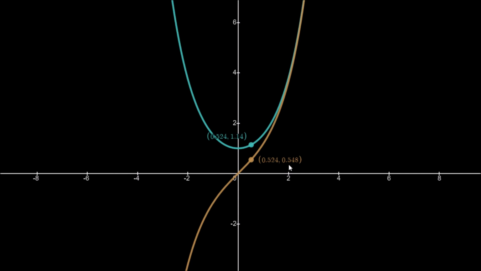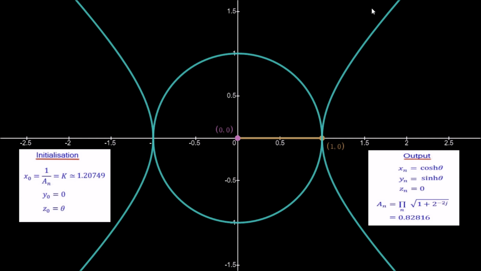So let's go to the graphical calculator and run the simulation. As a reminder, we have our hyperbola here and we have our circle. Whenever we adjust the circular angle, you can see the circular angle in blue. The equivalent point on the hyperbola is this point up here. The length here, the x coordinate, is going to give us the value of our cosh, and the y value, which is the height, is going to give us the value of our sinh.